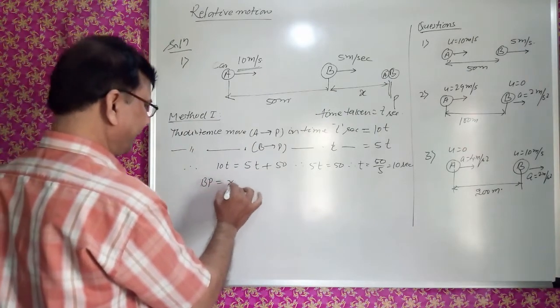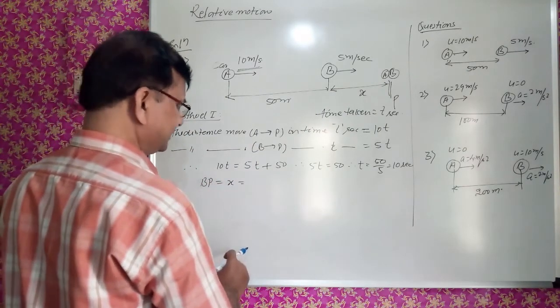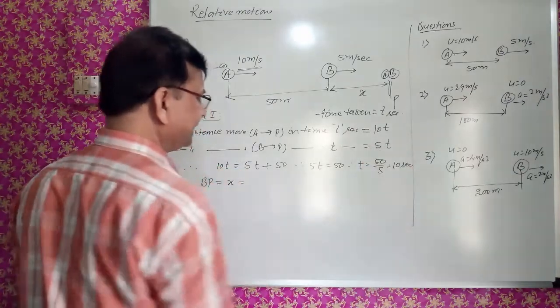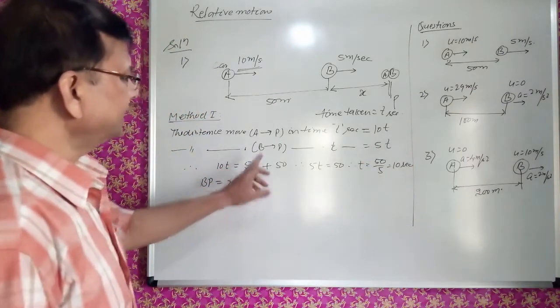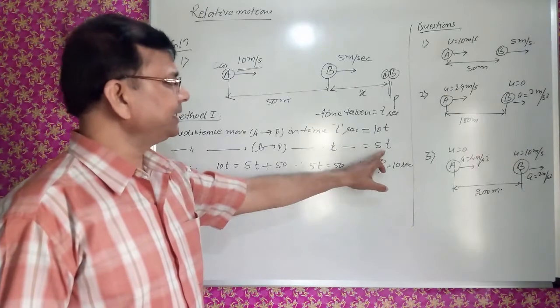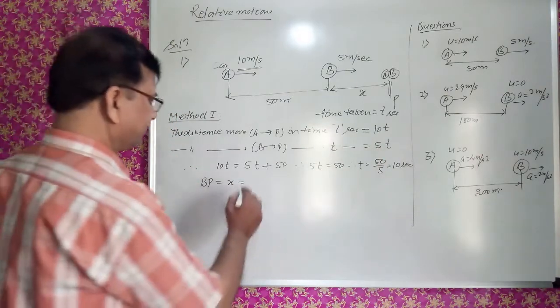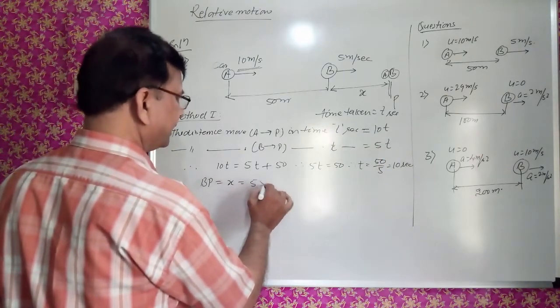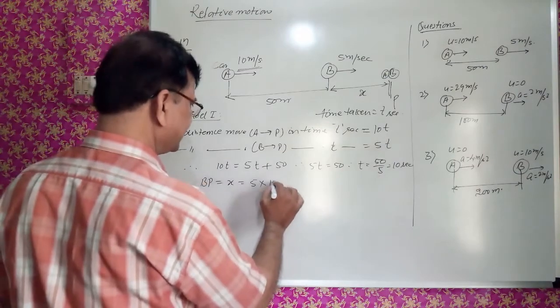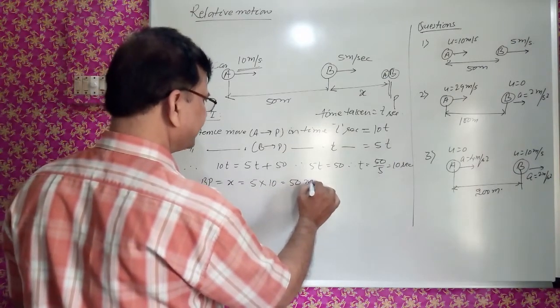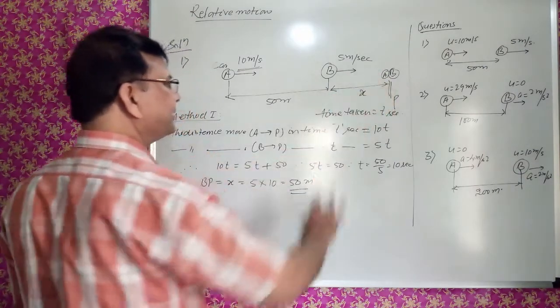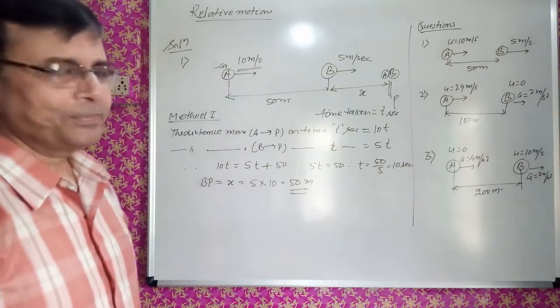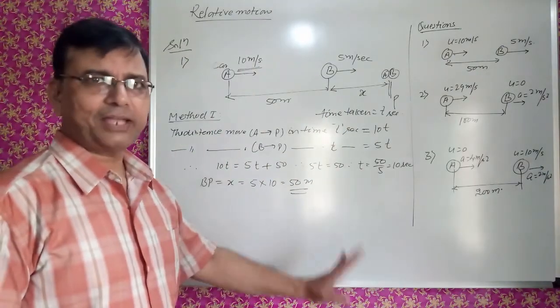BP is equal to x, which is equal to how much? The distance moved by B to P in t seconds is 5t. So 5 into t, which is 10 seconds, that is 50 meters. From here at a 50 meter distance, A will catch B. This is the conventional method we have used.